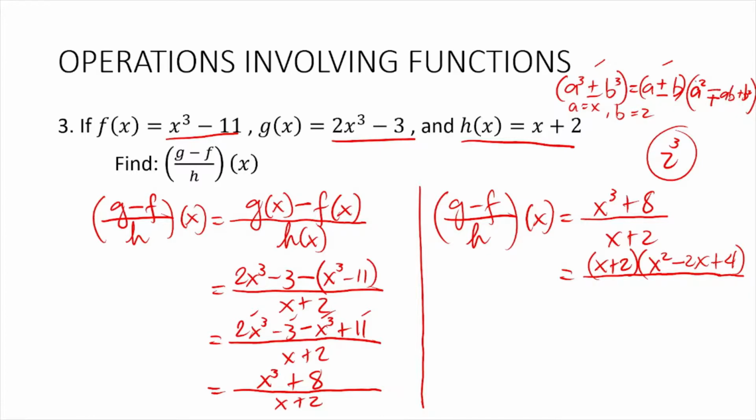All right, so let's isolate x cubed plus 8. So we have here x cubed plus 2 cubed, right? So we follow the special product. So a in this case is x, so we plug in x. Since it's addition originally, then we also copy addition. All right, and then in this case b is 2, so copy 2.